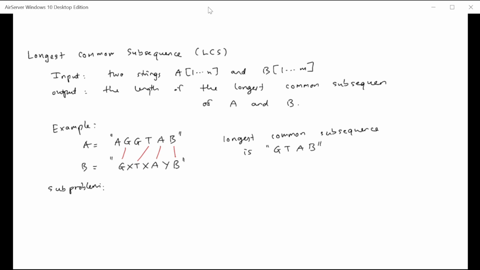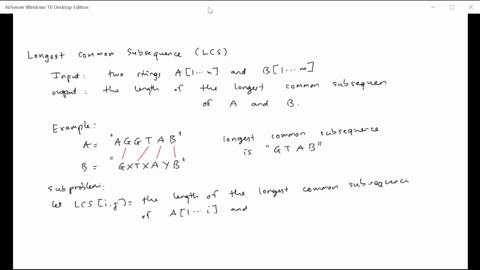Okay, so let LCS(i,j) be the length of the longest common subsequence of the prefix a1 up to ai and the prefix b1 up to bj.